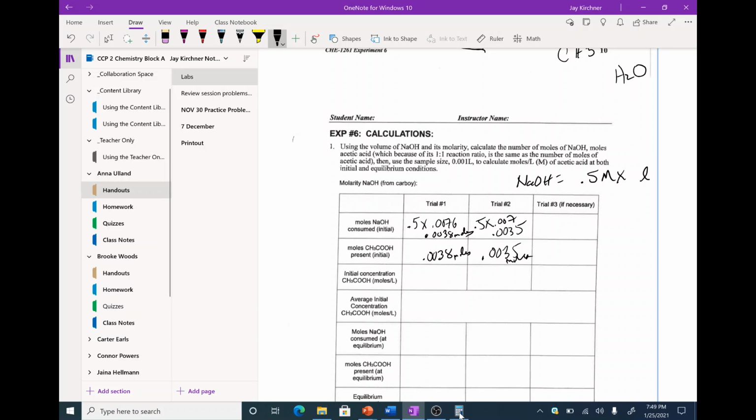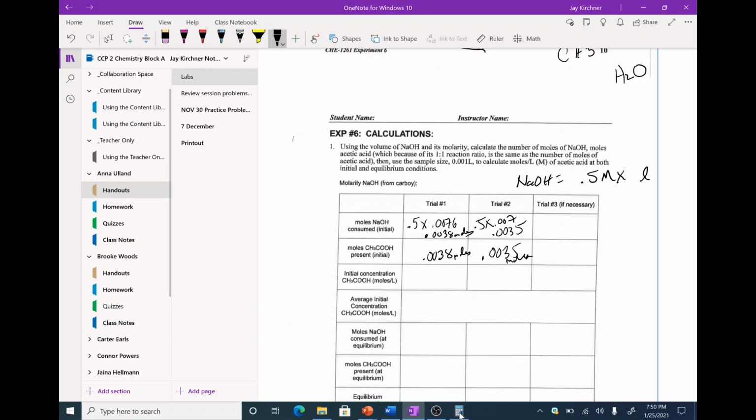Now, here's the thing that's kind of confusing. When you did this, which was a long time ago, you only took 1 milliliter of your reaction vessel out.